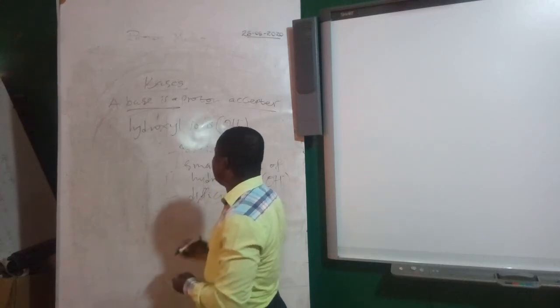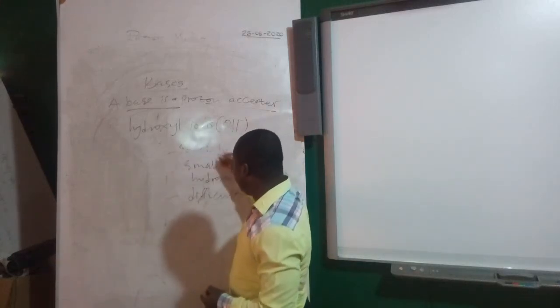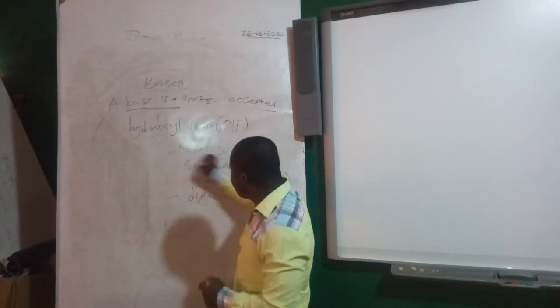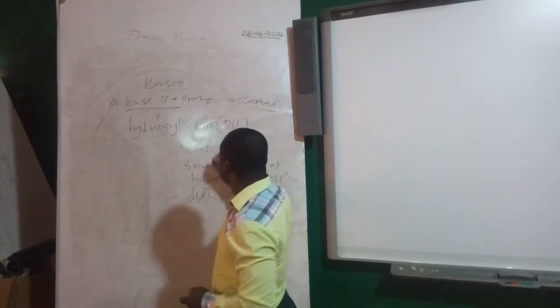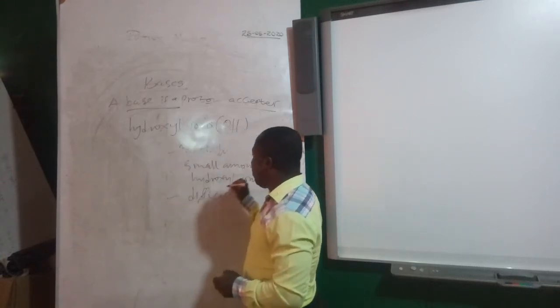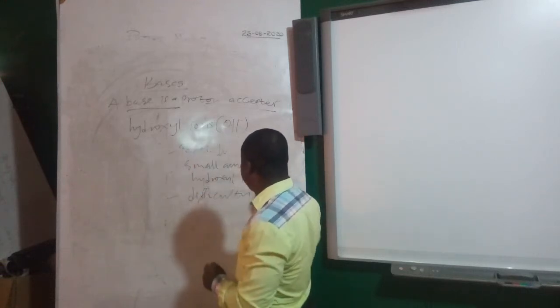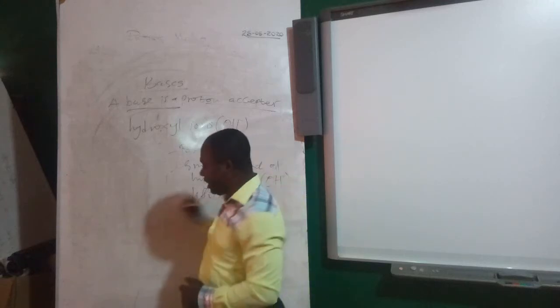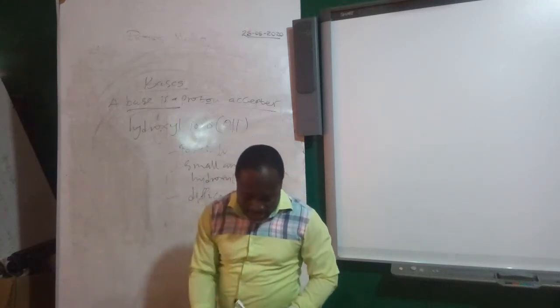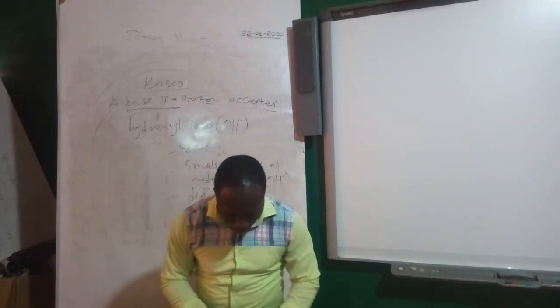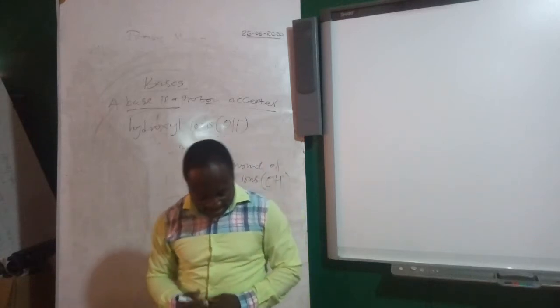So we have three things here. They dissociate partially, or they ionize partially. And when they ionize partially, they release small amounts of hydroxyl ions with difficulty. So that is the definition for weak bases.